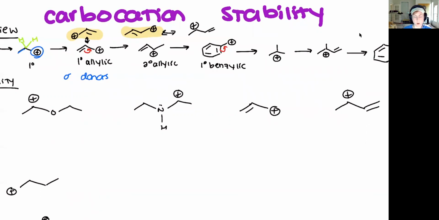It won't be all of them per se, it'll be this one and this one that end up with the positive charges, but we're still donating the positive charge to multiple atoms throughout the ring. Again, if we can spread out that charge across more atoms, it'll be more stable. So even though it's primary, we need to look at the fact that it's benzylic to come to the conclusion that it's more stable than secondary allylic.